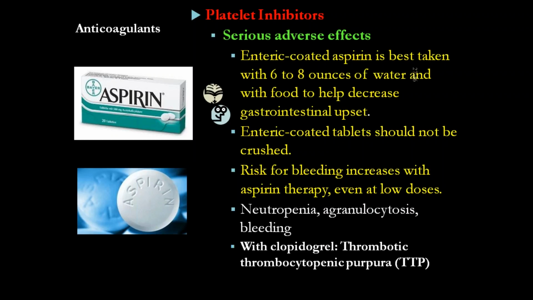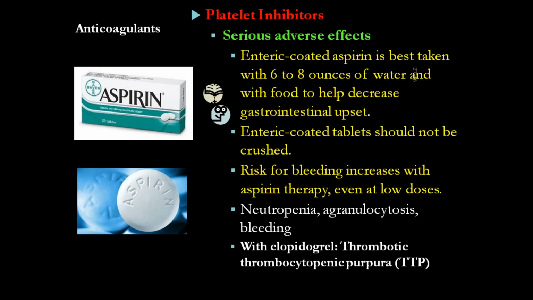All right, so we have serious side effects. Enteric-coated aspirin is being taken with 6 to 8 ounces of water in order to decrease the gastrointestinal upset. Upset means some increase of gastric acid, some cramps, even nausea. They can produce this.